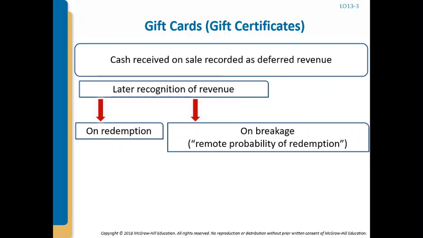The other part of this, where they would recognize revenue, would be when you have what's called breakage, which is the company determines that there's a remote probability of redemption. So enough time has lapsed and the card has not been used for whatever reason, gets lost, gets stolen, gets destroyed, whatever.